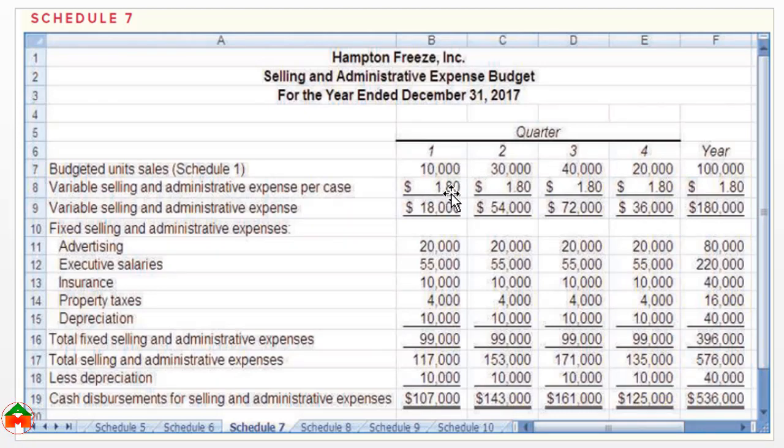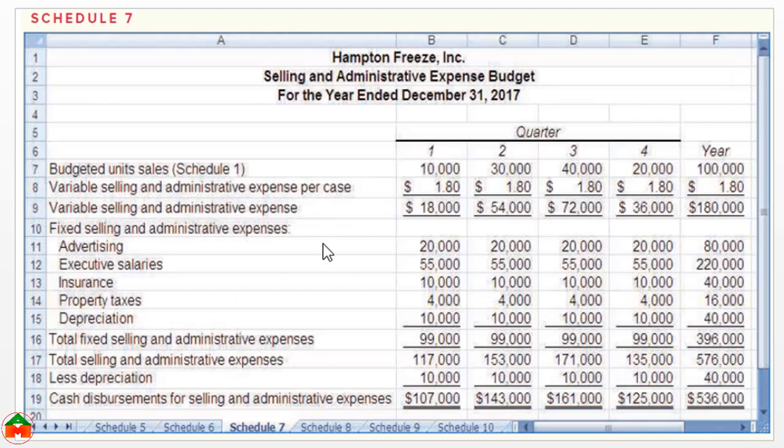After multiplying 1.80 with the budgeted sales, the variable selling and administrative expense are 18,000 in the first quarter, 54,000 in the second quarter, 72,000 in the third quarter, 36,000 in the fourth quarter, and this is the 180,000 total year variable selling and administrative expense.